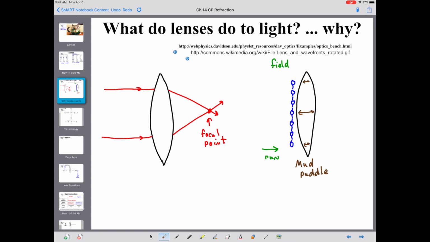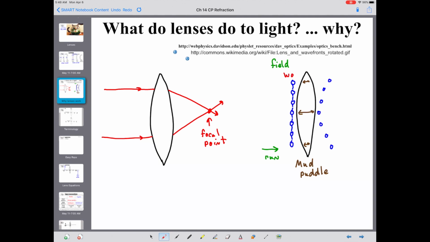Some people have a very short distance of mud to go through. Well, your nice straight line isn't going to be nice and straight on the other side, because those that had to go through the longer section of mud are going to fall behind those that went through the short sections. So when you come out the other side, your people are going to be in a shape like this.